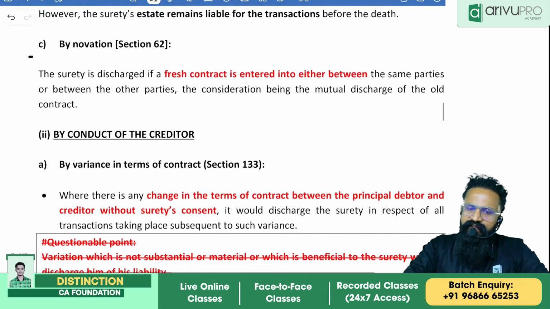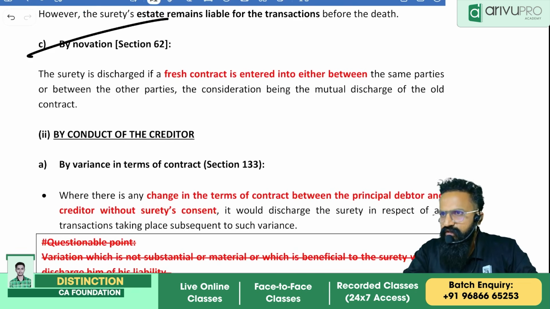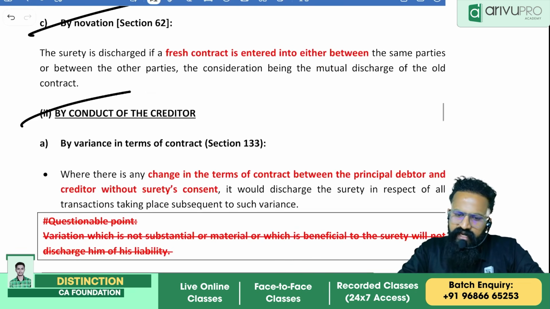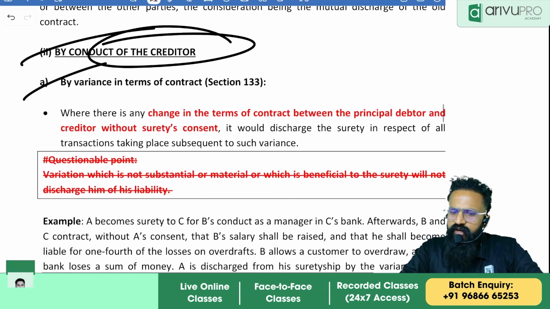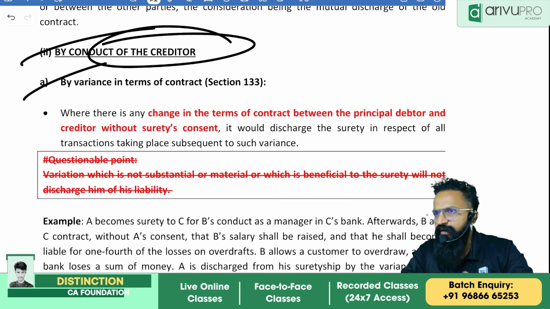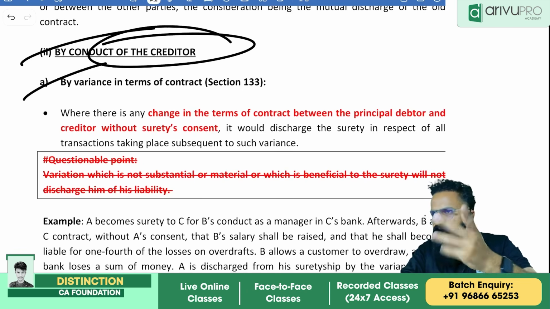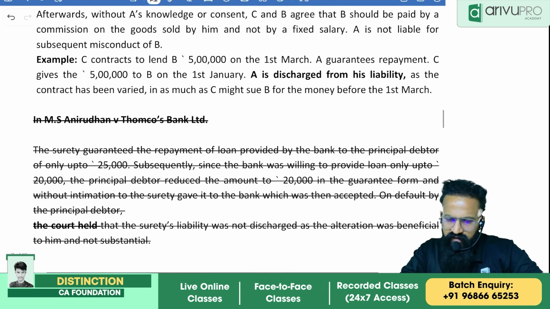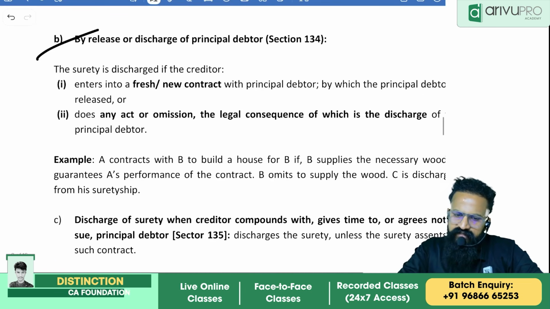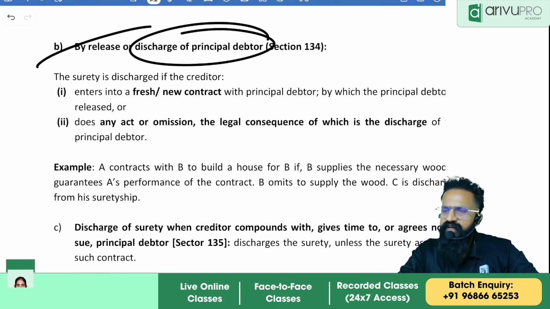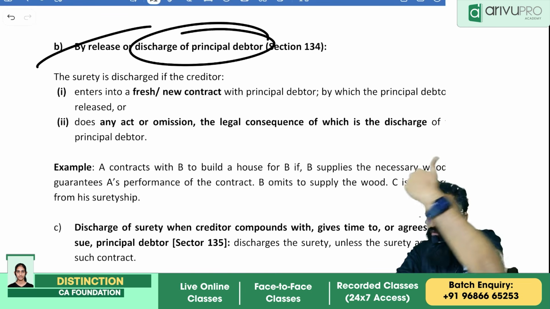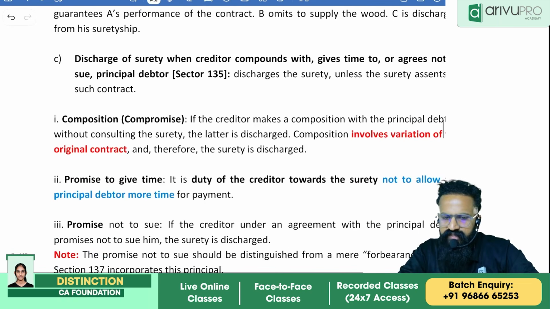Then, by novation, meaning entering into a new contract. By conduct of the creditor, that means what? You are varying the terms of the agreement without telling the surety, then variation is discharge. By release or discharge of the principal debtor, if I am releasing the principal debtor, surety is also automatically discharged.